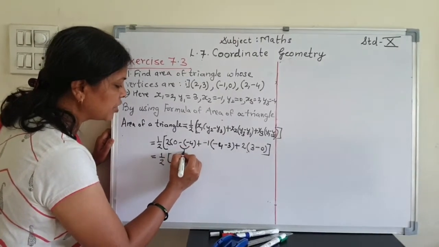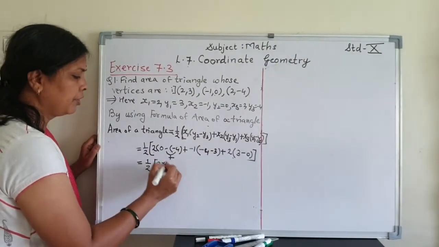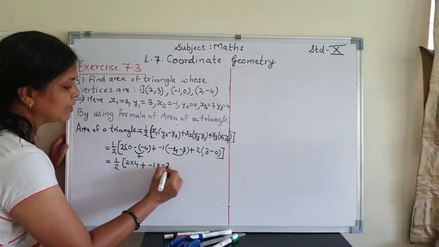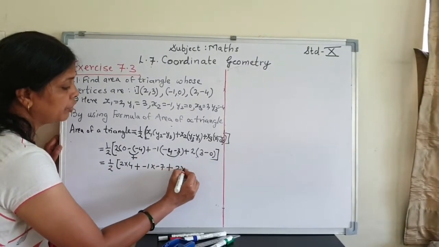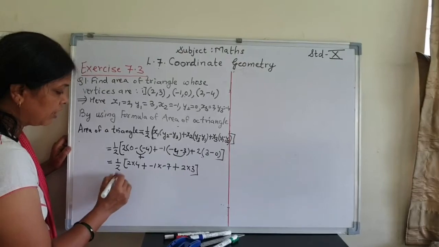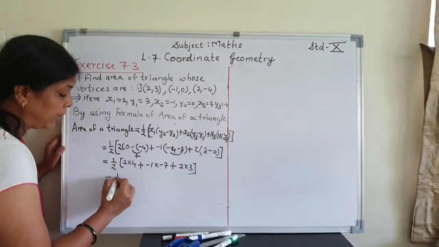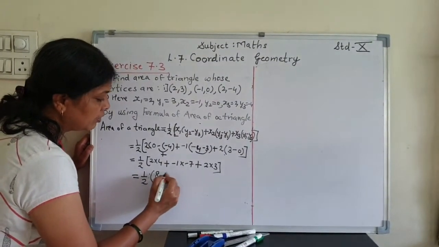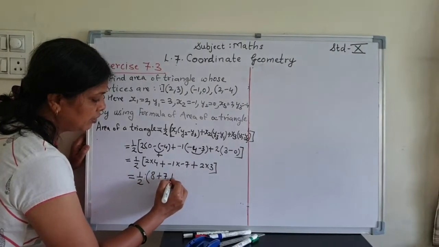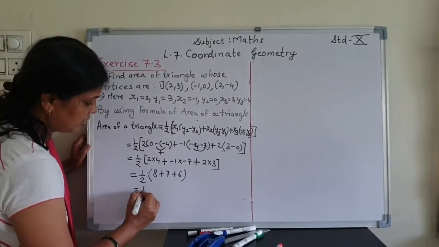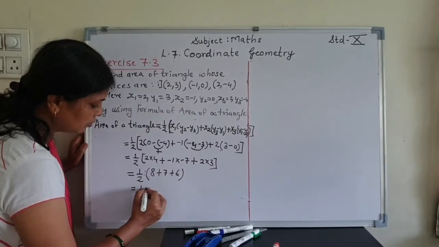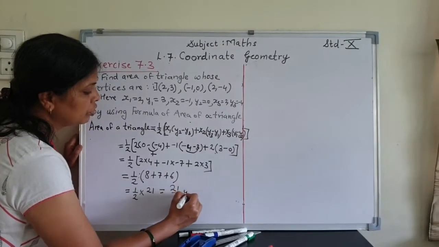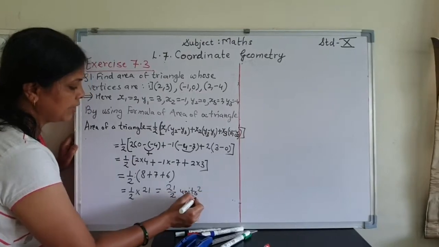So this minus becomes plus, so 2 into 4 plus, this is minus 7, minus 1 into minus 7, plus 2 into 3. Now if you are taking one more step for this, no problem, but you don't make a mistake in this. So 4 twos are 8, plus 7 plus 6. This is how we get 1 upon 2 into 21, that is 21 upon 2 units square is the answer.